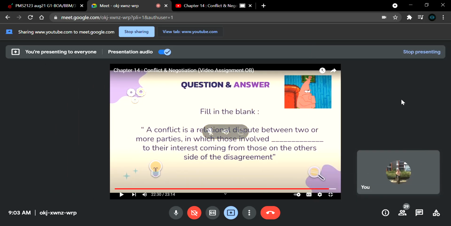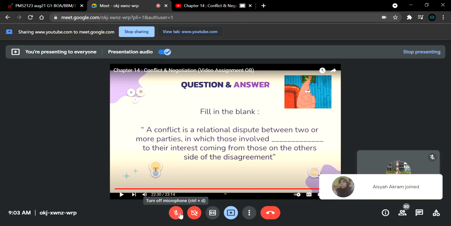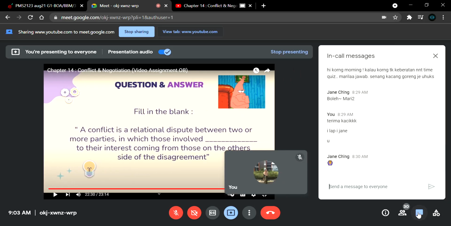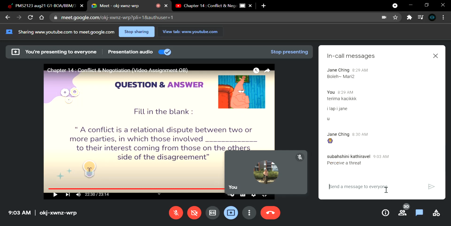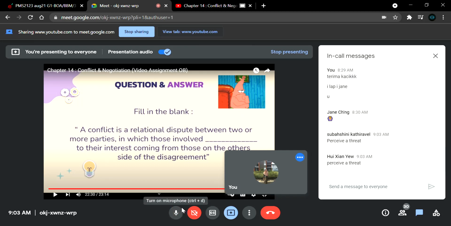Jawab dekat chat box pun boleh kalau tak nak unmute yourself. Betul. Yeay. Betul Subhashini, Hughes dan lepas tu Yamini. Thank you for responding. Okay, jom kita tunjuk jawapan.